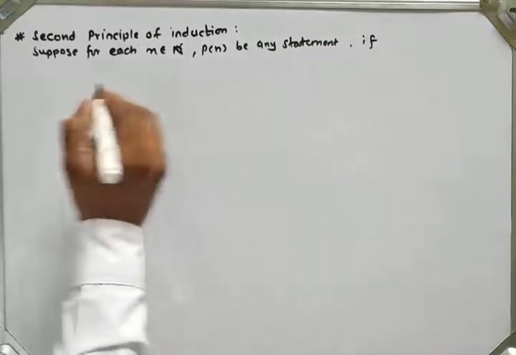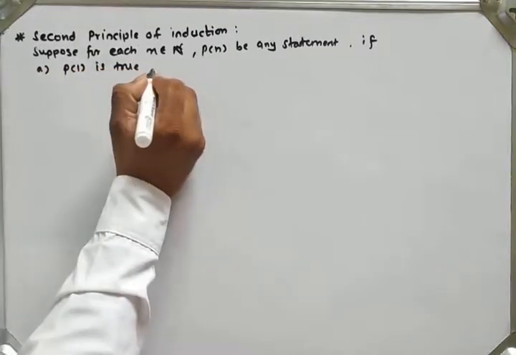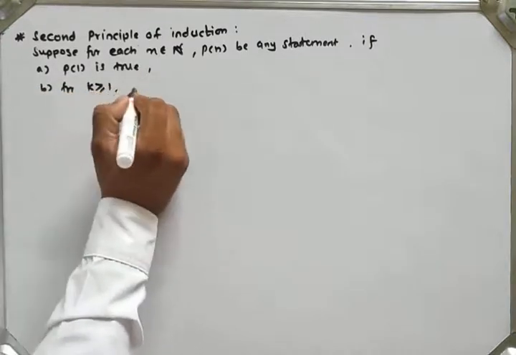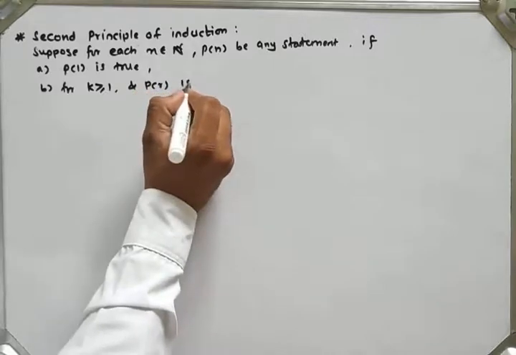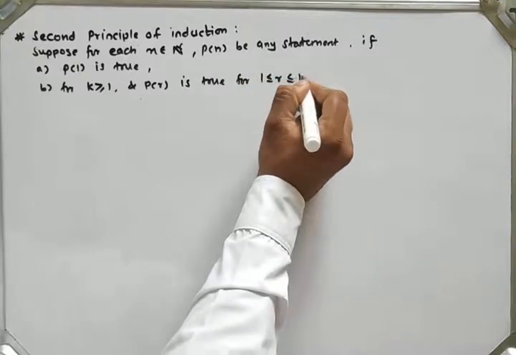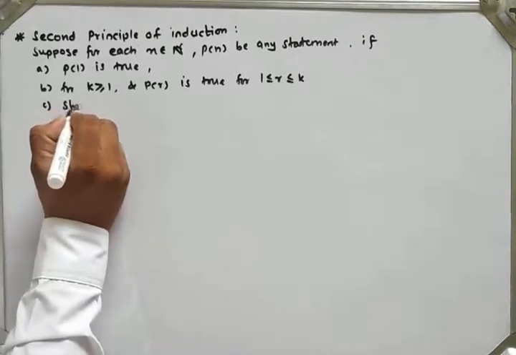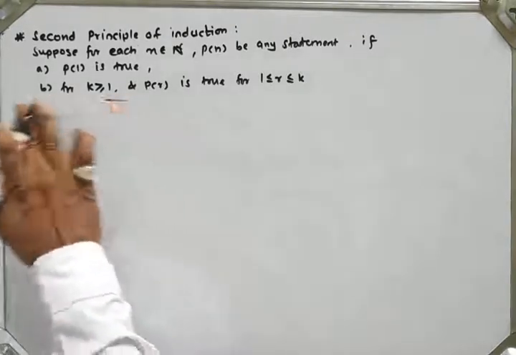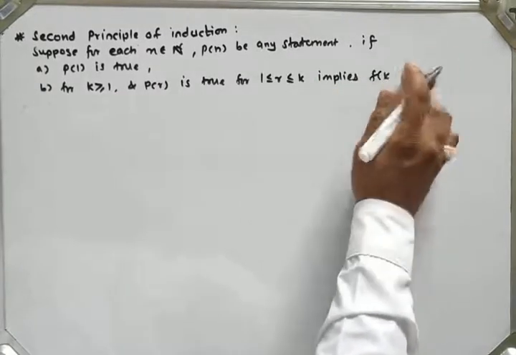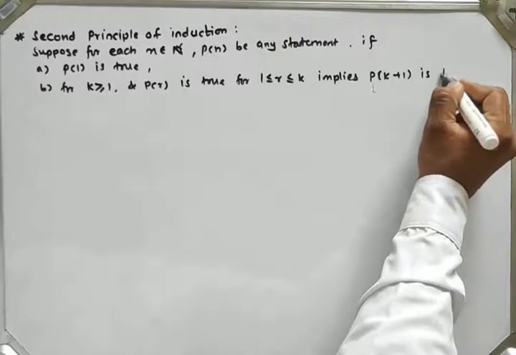If, first case, P(1) is true; second case, for each k greater than or equal to 1, P(r) is true for 1 less than or equal to r less than or equal to k, then it implies that P(k+1) is true.